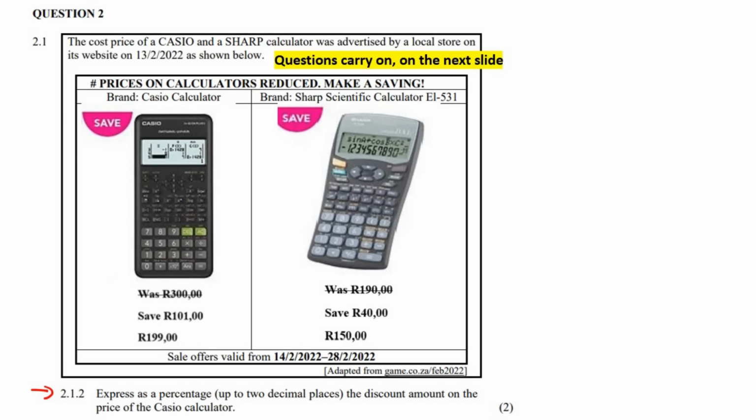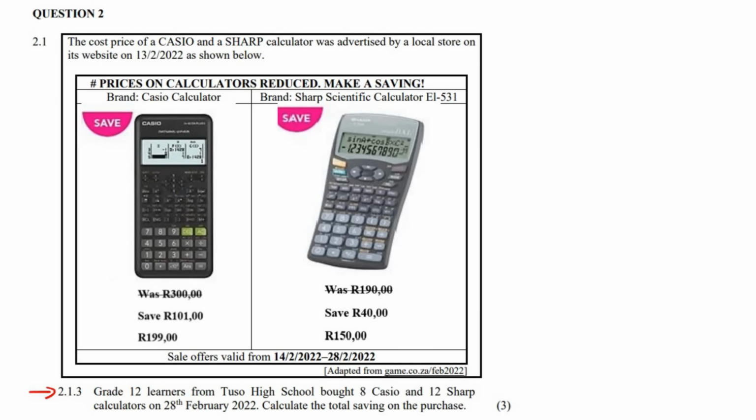So to work out the discount percentage, you would say that they're decreasing it by 101 Rand out of the original or total amount of 300, and you're going to multiply that by 100 because they want it as a percentage. Okay, so that's going to give you 33, now if you round that to 2 decimals, 33,67.